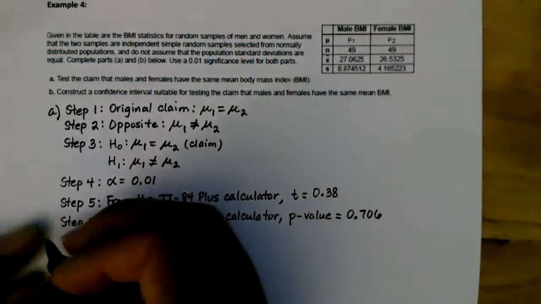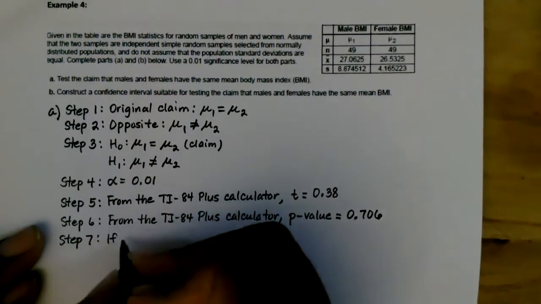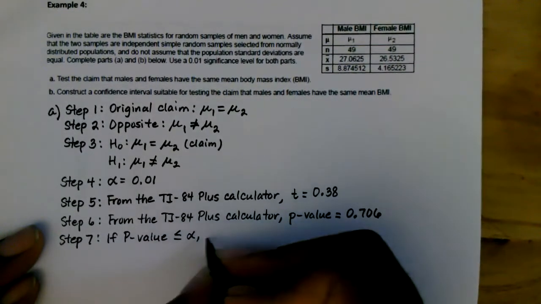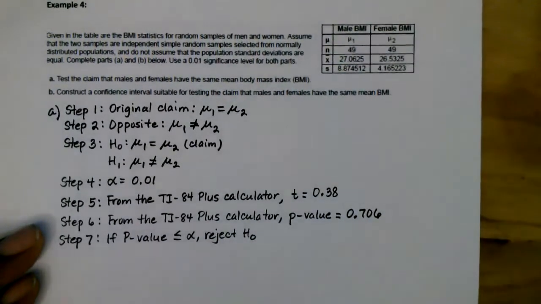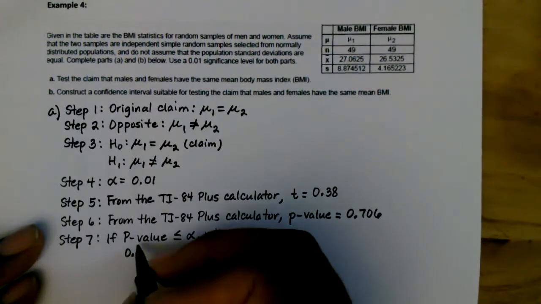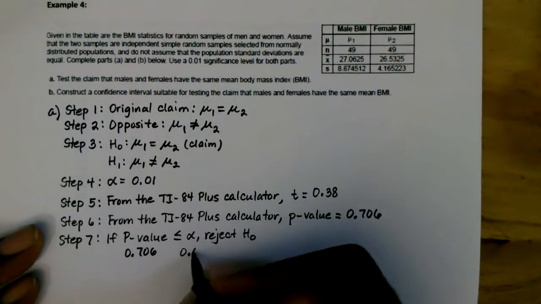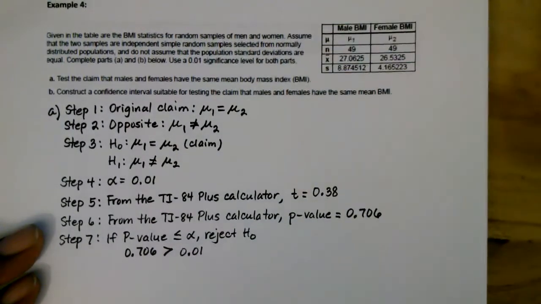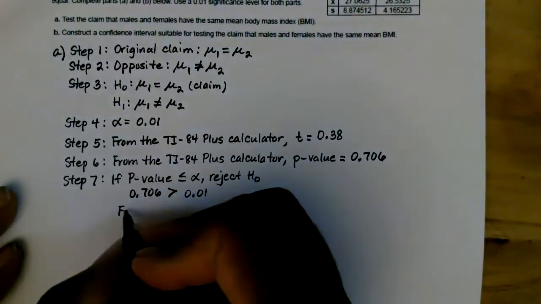And now step number 7 is our decision rule, whether to reject the null or fail to reject the null. If the p-value is less than or equal to alpha, you want to reject the null hypothesis. Now your p-value is 0.706 and the alpha level is 0.01. Well, you can see that 0.706 is greater than 0.01. So that means in that problem, we need to fail to reject the null hypothesis.